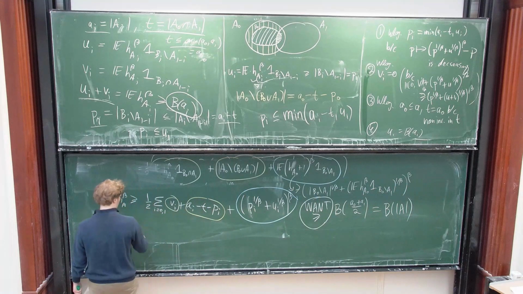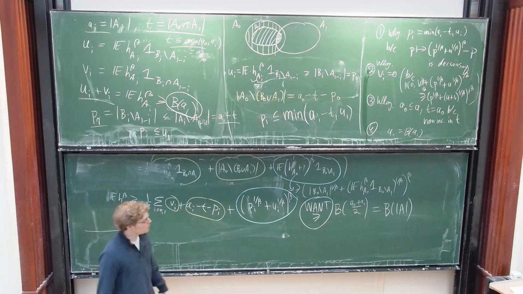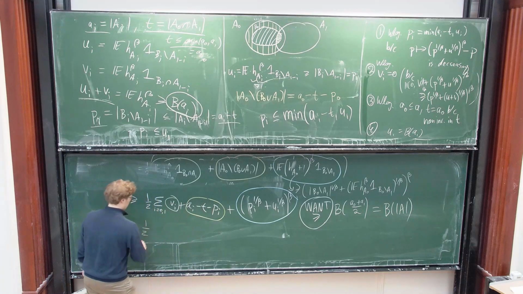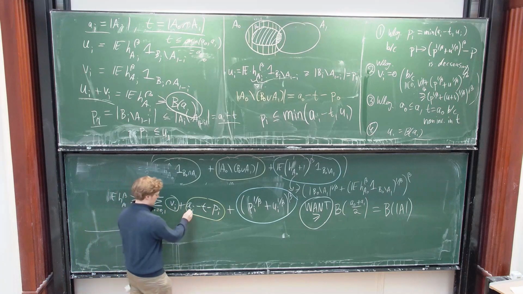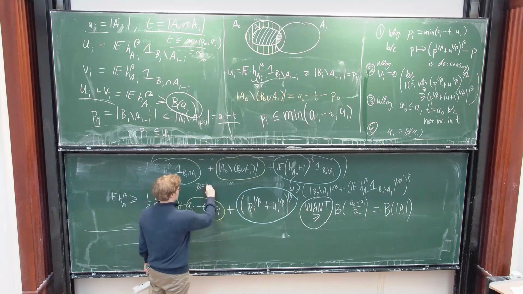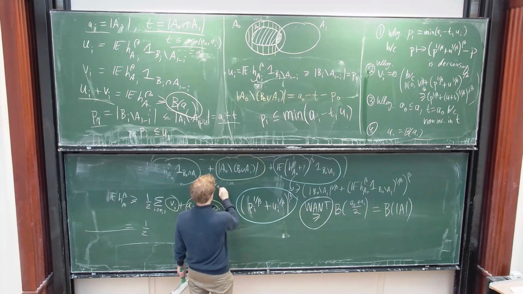Okay, so now let me write this down. I'm going to evaluate the sum. I killed the symmetry by making the assumption that A0 is smaller or equal to A1. So what happens if I is 0? Okay, as VI is 0, then A0 minus T is 0 because T is A0. P0, what was P0? P0 was the minimum of A0 minus T and U0.